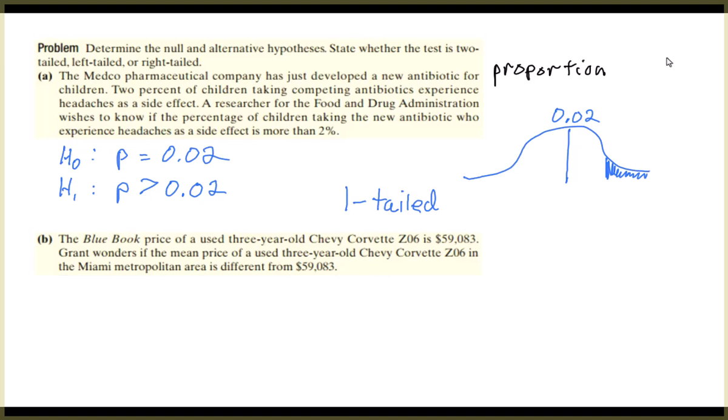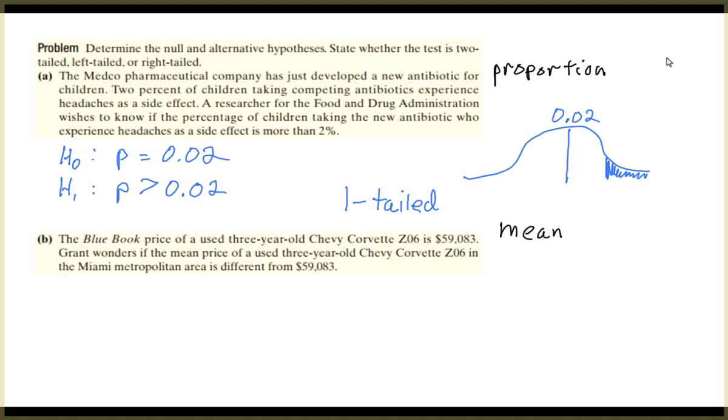Okay, if you've ever looked at Kelley Blue Book, they give you prices of all sorts of vehicles in there. And in this Blue Book, they said the average cost of a 3-year-old Chevy Corvette is $59,000 something. Grant, inquisitive soul that he is, he wants to know if really the average is different from that. Well, different can mean higher or lower.